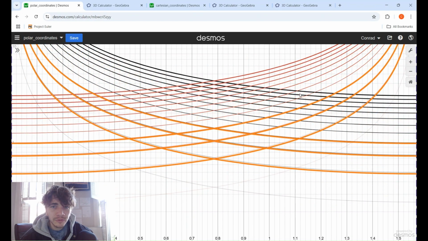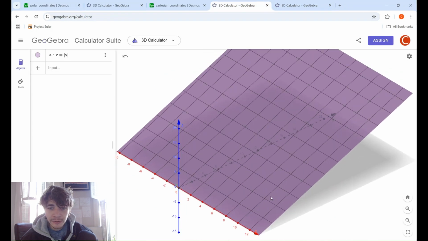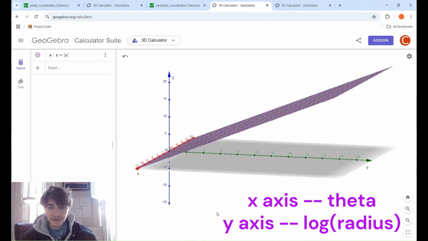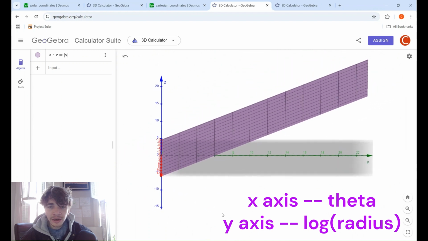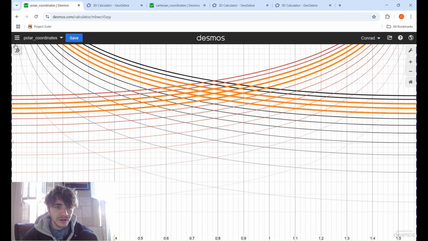So that's precisely what I've graphed here. Okay, so if we graph just a plane where now this y coordinate is r and the x coordinate is theta, okay?